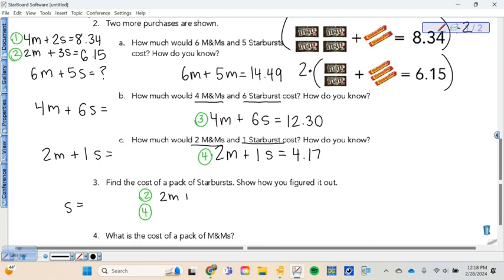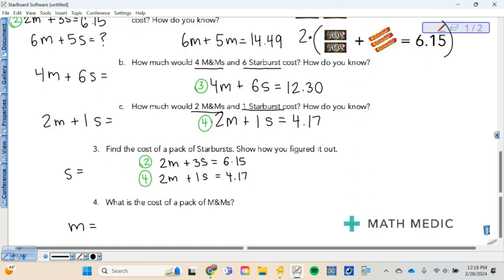The second equation is 2M plus 3S equals 615. And the fourth equation is 2M plus 1S equals 417. So which variable can I cancel out? The Ms. How am I going to cancel them out? We've got to subtract, right? Same sign, we subtract, because that cancels those out. And then what's 3S minus 1S? 2S.